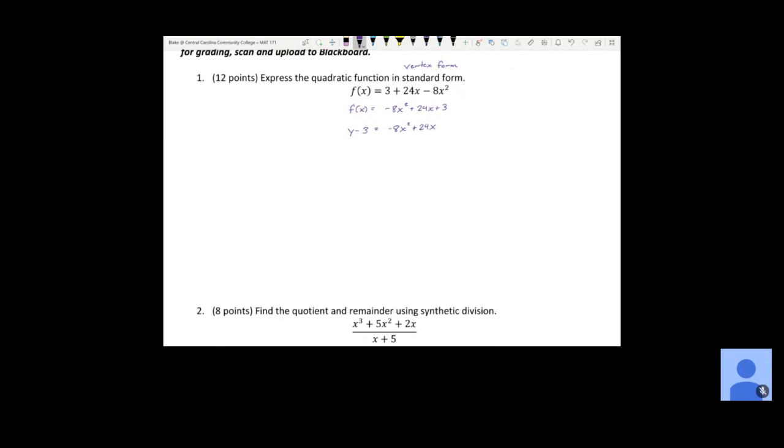Okay. Now, what's our next step to get this into vertex form? Okay, that's going to be a step, but before we can do the b divided by 2 squared and complete the square, what do we have to remember to do first?